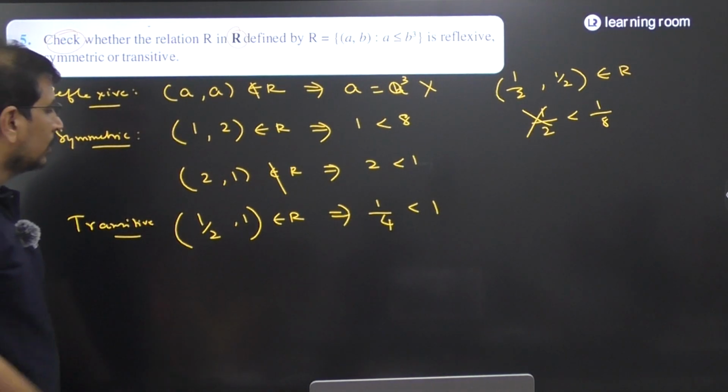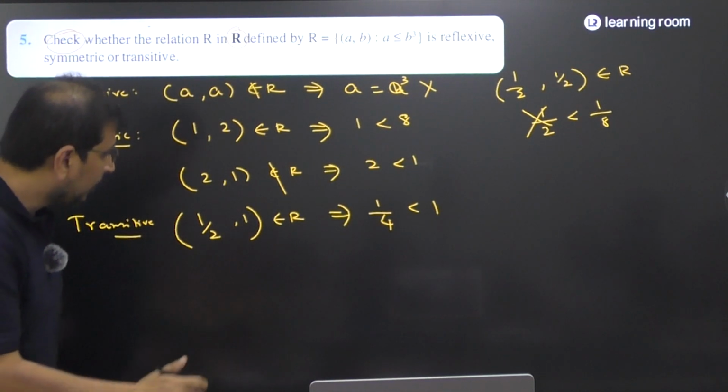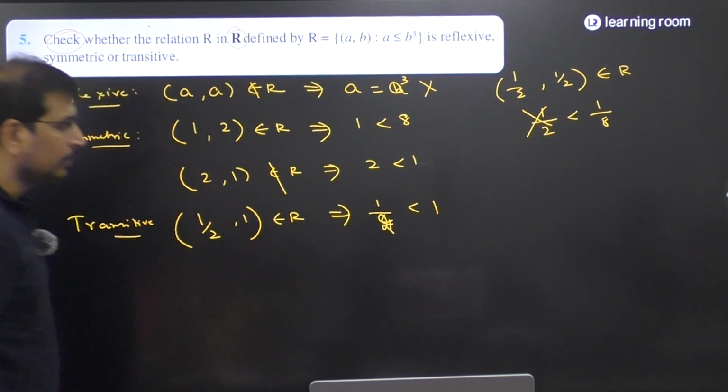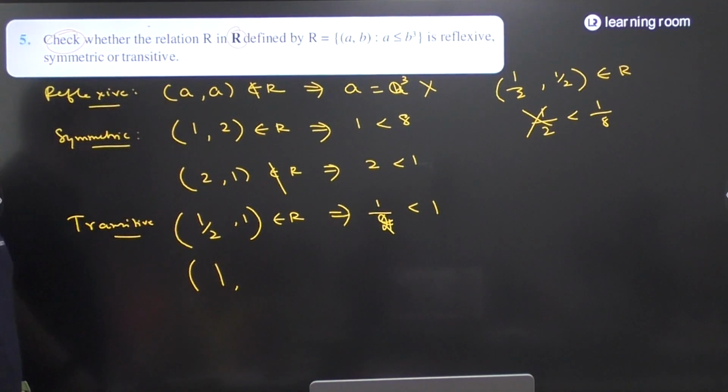So here what did we take? (1 by 2, 1). 1 by 2 is obviously less than 1, accepted. What is the other number you want to take? (1, ...) You tell me. (1, 1 by 4)?